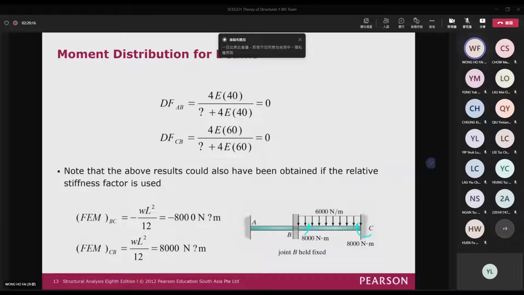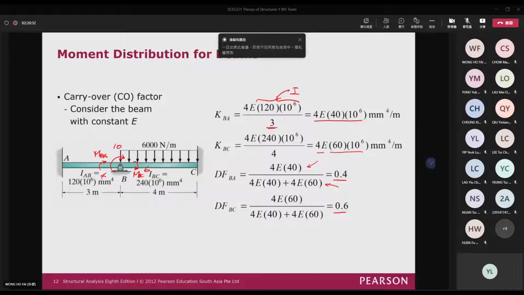And then the distribution factor for the fixed support is infinity. But say, for example, if I have a moment applied at a joint, then theoretically I should have moment in the member and then have moment in the wall. It should distribute some in the member and some in the wall.